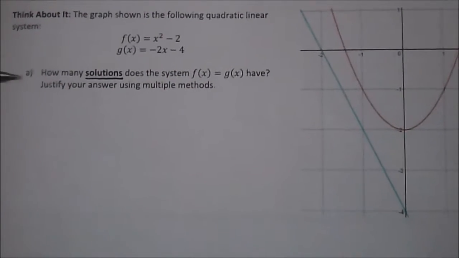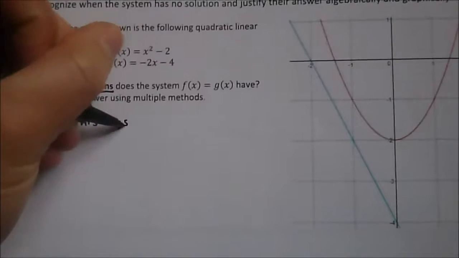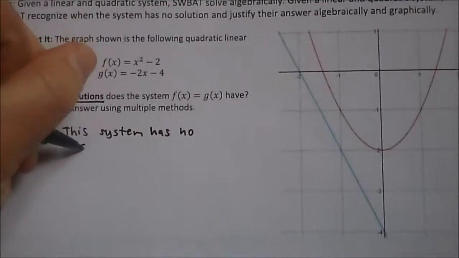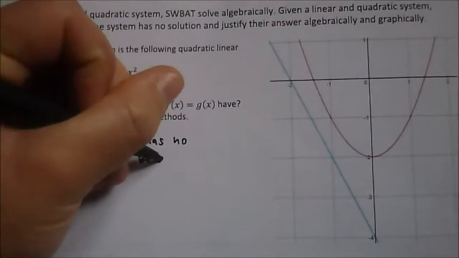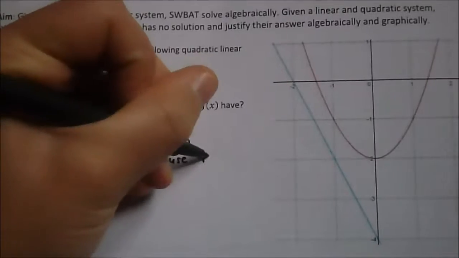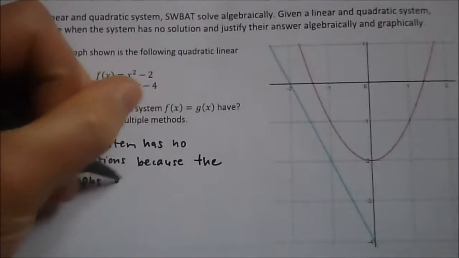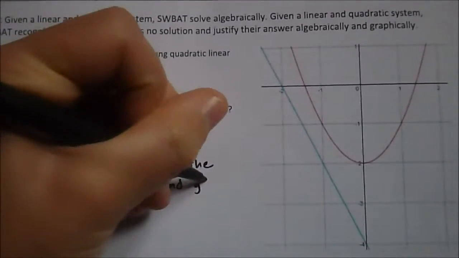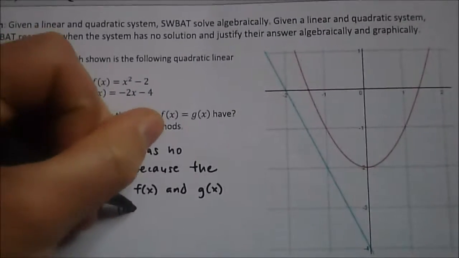So right away, I know that this system has no solutions because the graphs of f of x and g of x never intersect.